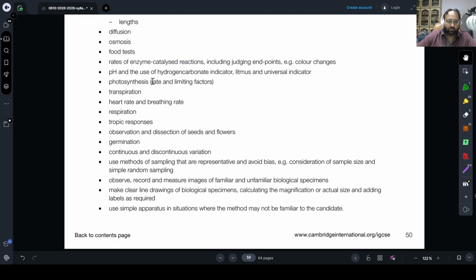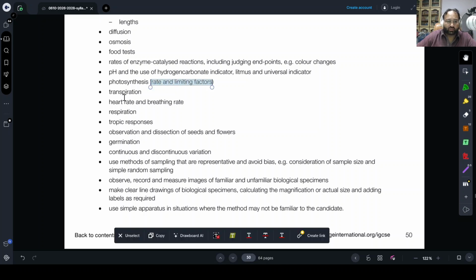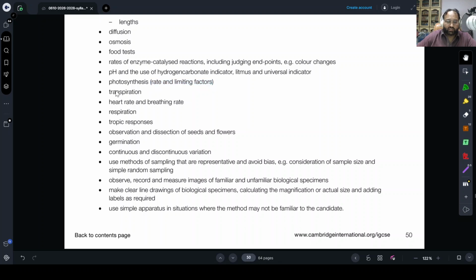Photosynthesis: we'll talk about measuring the rate of photosynthesis and its limiting factors. At this point all of this might seem foreign or very faintly familiar, but we will go through it in as much detail as the syllabus requires.